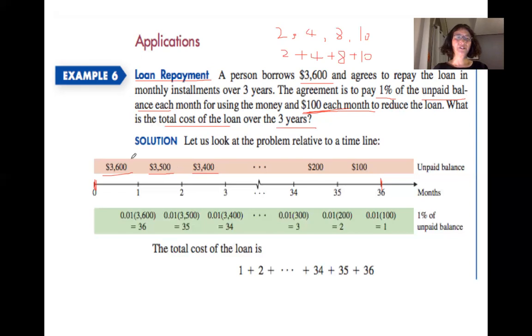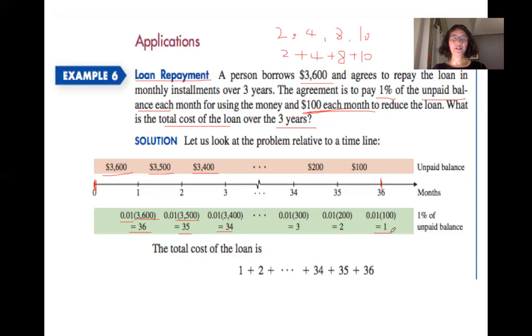So the 1% for the first balance, 3,600, is this one, and then for the next balance, you have 3,500, 1% applied, etc.